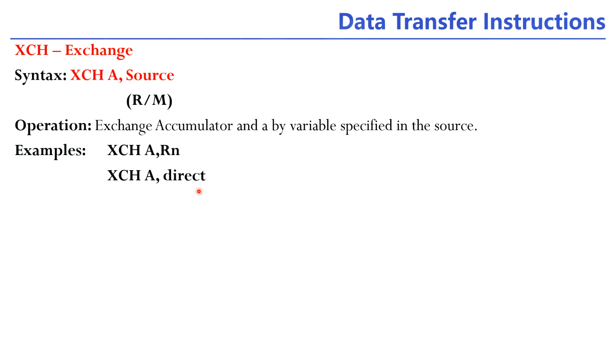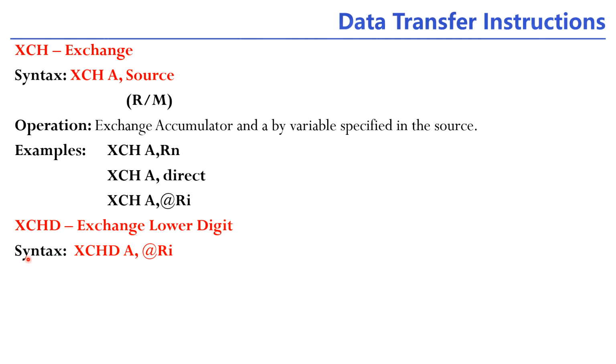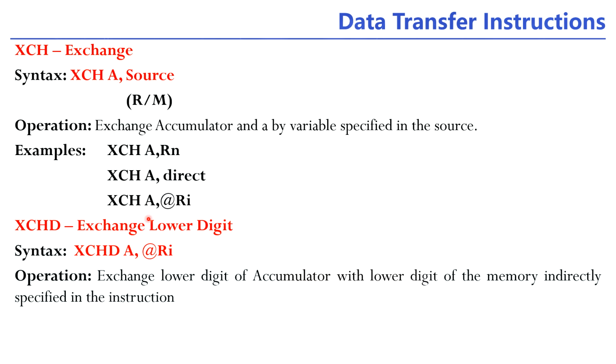We can put the location here also. And you can see here XCH A, @Ri. Okay. And we can also exchange the digit, exchange lower digit, this one. Next thing you see XCHD A, @Ri. Now exchange the lower digit of the accumulator with the lower digit of the memory indirectly specified in the instruction, right?